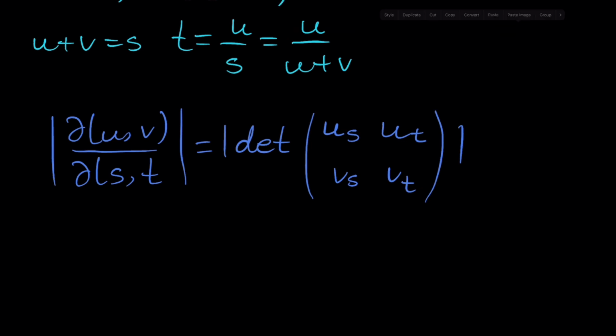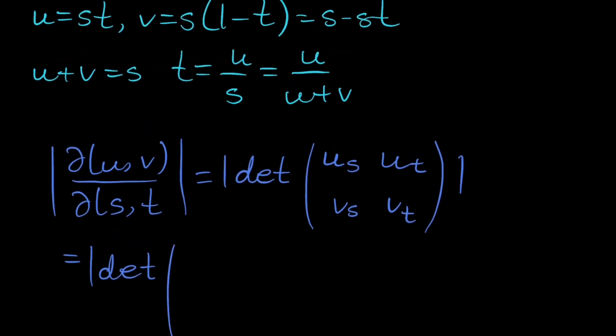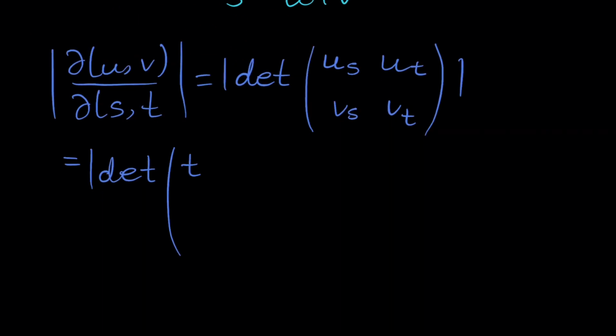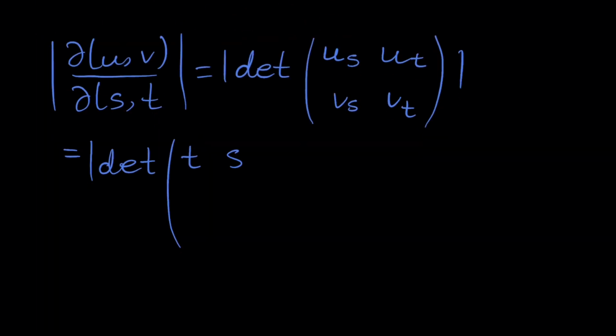These are pretty common notation we use in multivariable calculus, so hopefully you know what I mean. This is equal to the absolute value of, let's see, the determinant. Calculating the partial derivative of u with respect to s, that is equal to t. And doing the same for the other variables, what we get is s, 1-t, and -s.